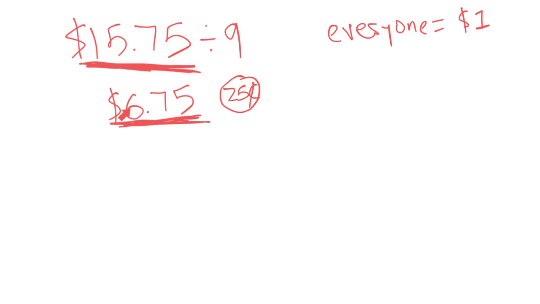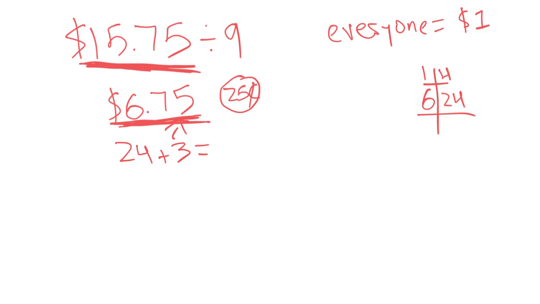So I'm going to take this $6 times 4, right? Because that's a ratio table, basically, that we're doing in our head. If $1 has 4 quarters, then 6 dollars would have 24 quarters, because you multiply. So I now have 24 quarters plus the 3 quarters that make 75 cents.